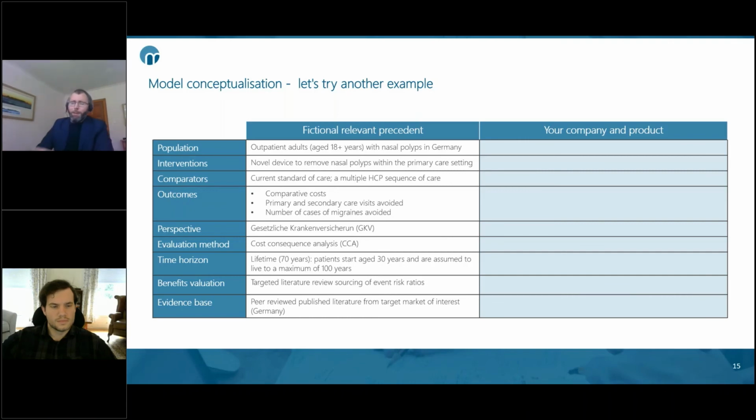In this case, I think of principal value here would be demonstrating or sourcing event risk ratios. Some may be familiar with hazard ratios, odds ratios, essentially just quantifications of the expected probability of experiencing a given health effect or problem, an adverse event such as migraines, or the probability of successively visiting sequential hospital visits or doctor visits.